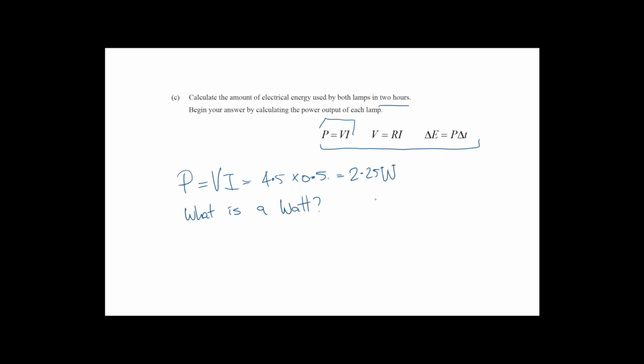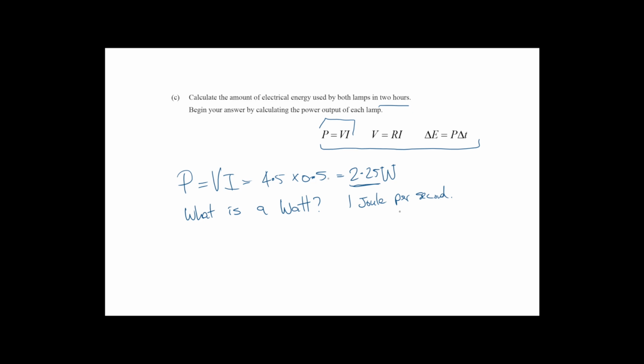Well, a watt is 1 joule per second. So in other words, these lamps, each of them is using 2.25 joules every second.